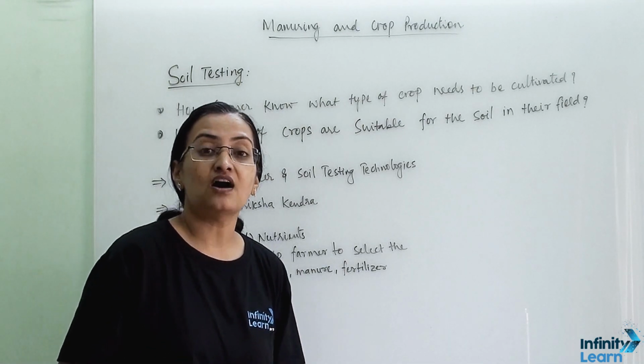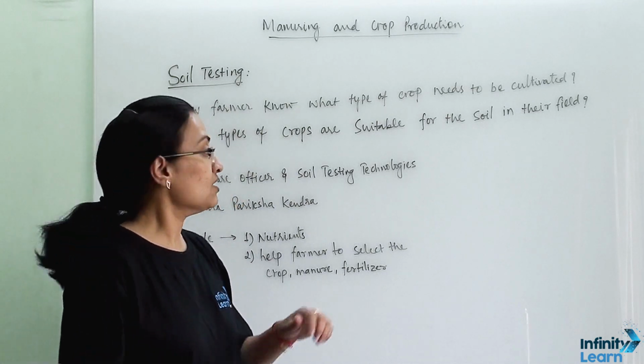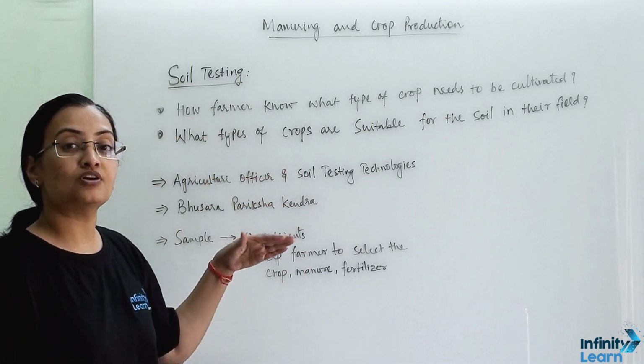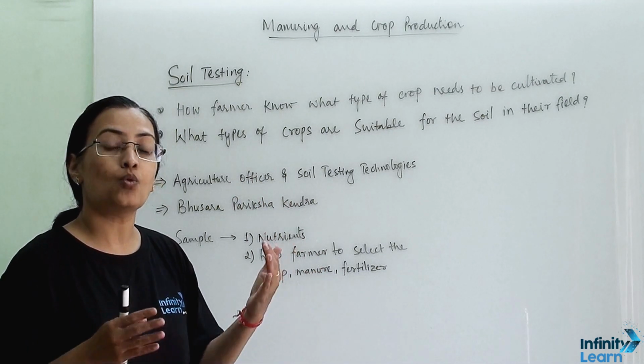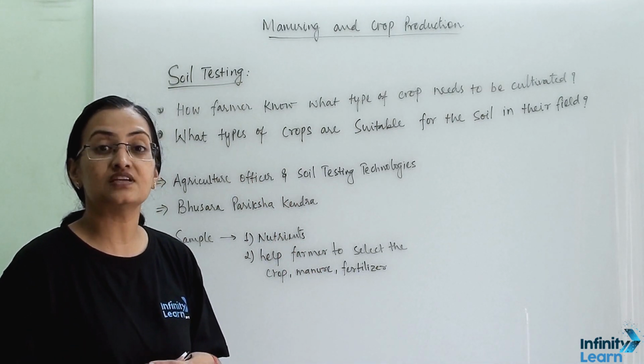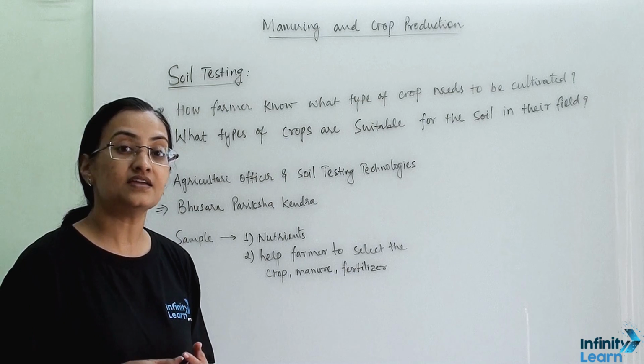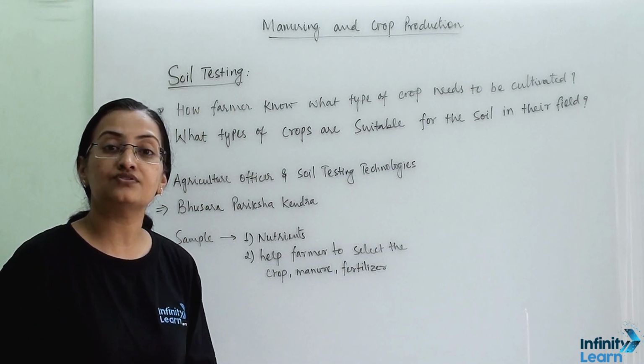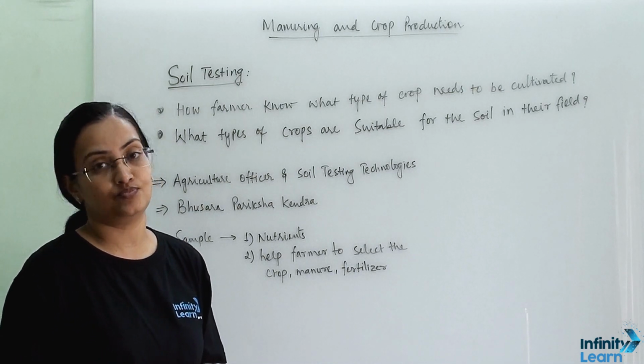But if farmers do not know which crop will be suitable for their soil and what kind of nutrients it will require to get a high yield, then soil testing laboratories and the agriculture officer can help them.